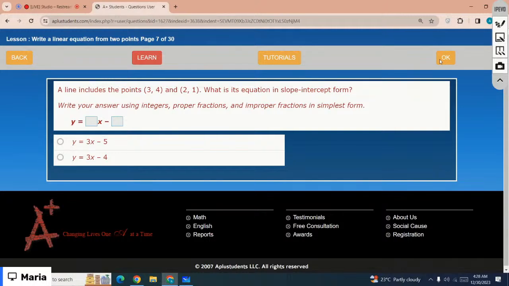A line includes the points (3, 4) and (2, 1). What is its equation in slope intercept form? So which is the correct option?